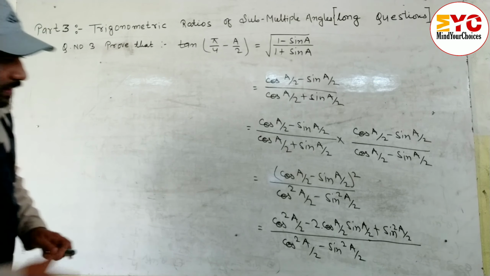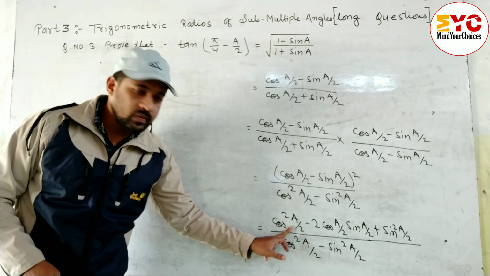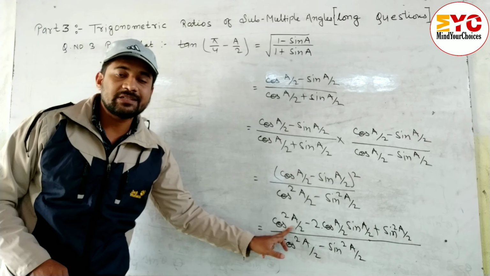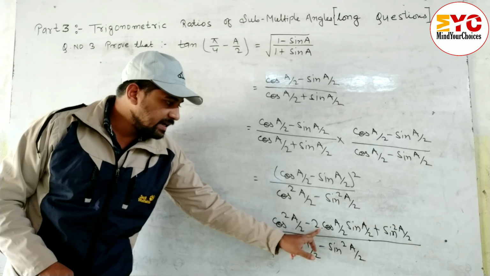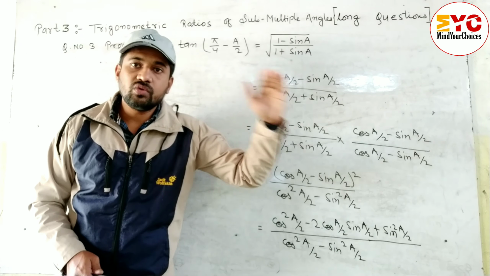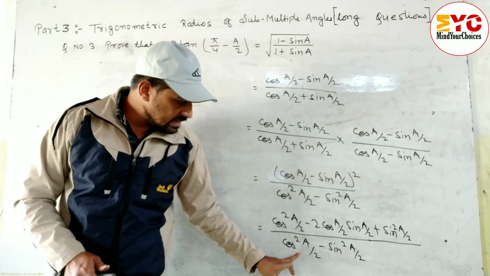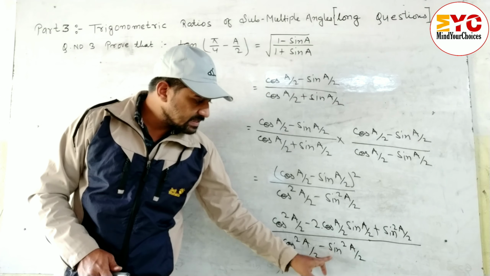Now continue. Now you can see here sin² θ plus cos² θ is equal to 1, and here 2 sin A/2 cos A/2 means sin A, the formula of sin A. And you can see here cos² A/2 − sin² A/2.